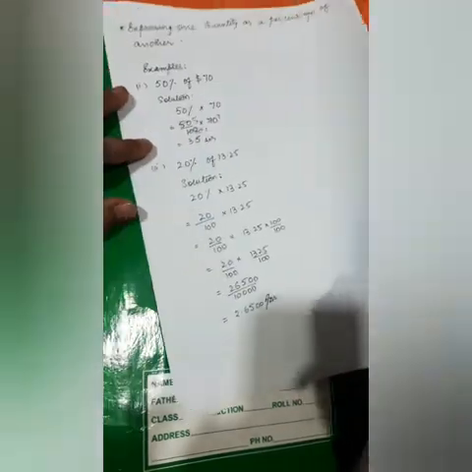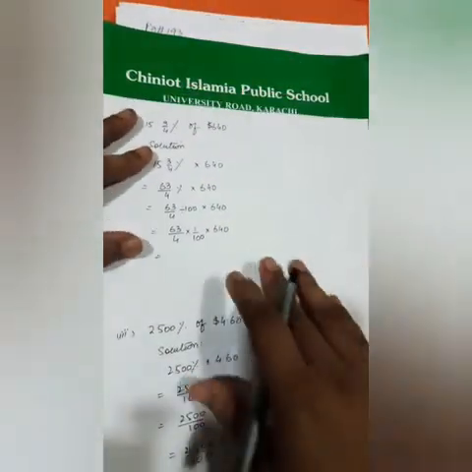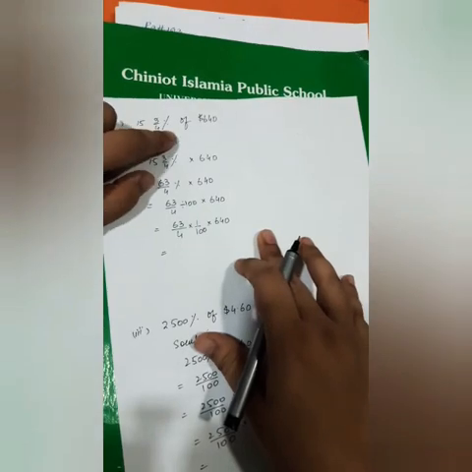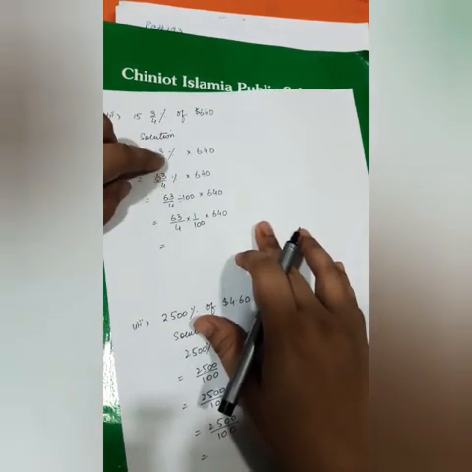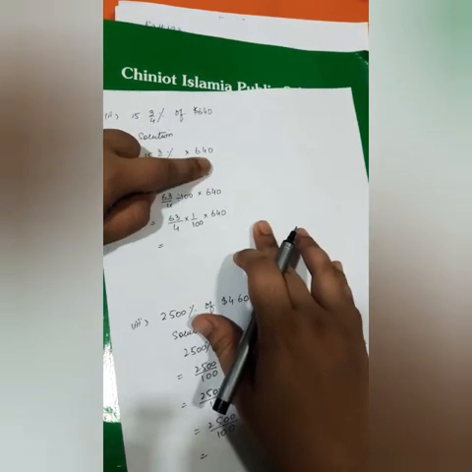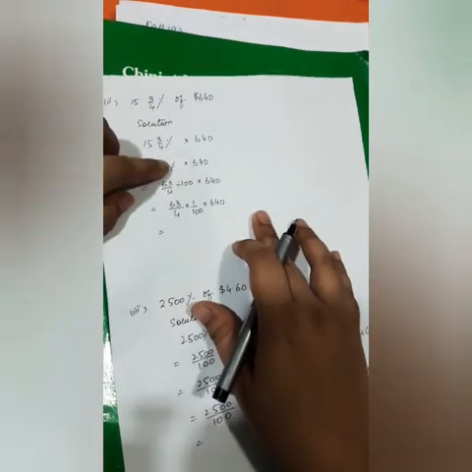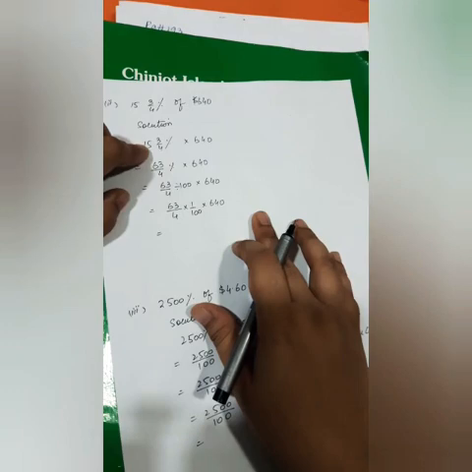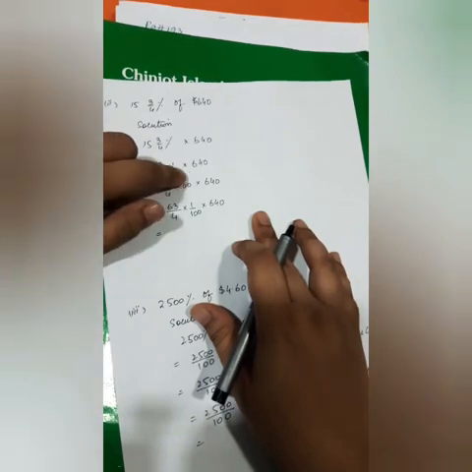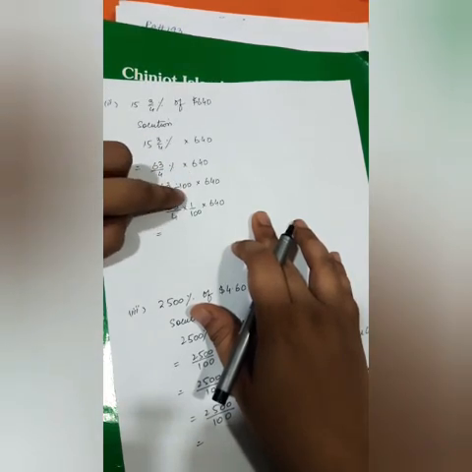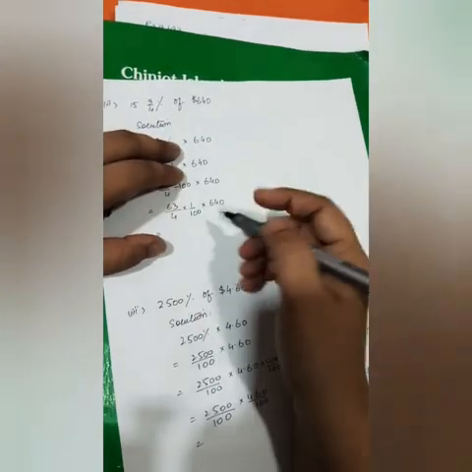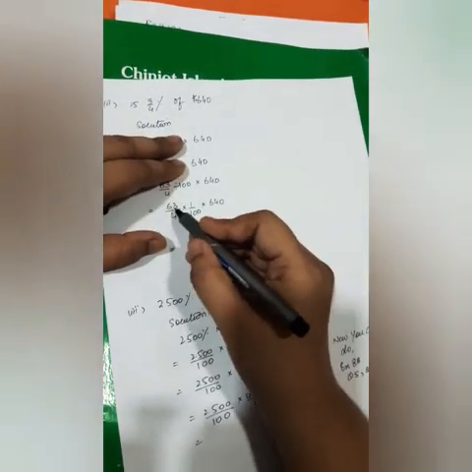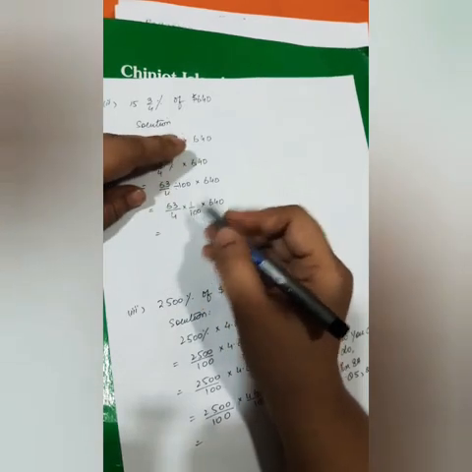Okay, now see the next one: 15 whole number 3 upon 4% of $640. Solution: 15 whole number 3 upon 4% of means multiply by 640. Now 4 15s are 60, 60 plus 3, so 63 upon 4%, and open the percentage sign with the division. Then 63 upon 4 multiply by 100, multiply by 640. Now I'm not going to multiply this 4 with this 100. I'm just going to simplify.